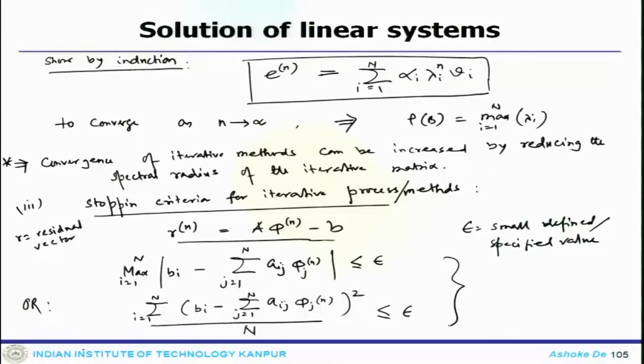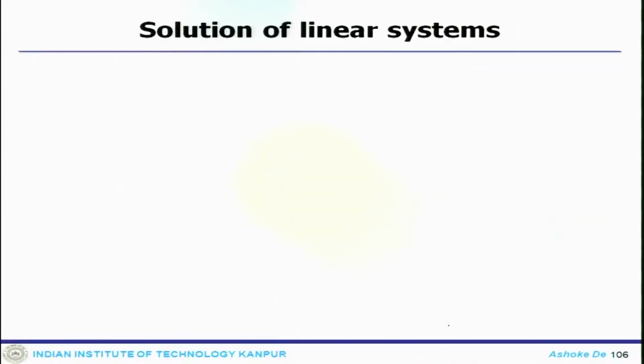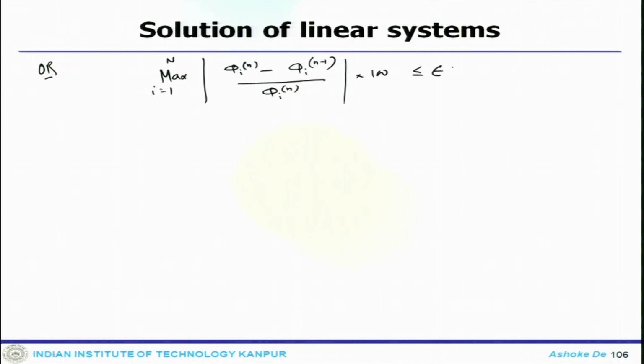Another possible criterion is for the maximum normalized difference between two consecutive iterations to drop below epsilon, which means, alternatively, max over i of phi i n minus phi i n minus 1 divided by phi i n, the percentage below some value.